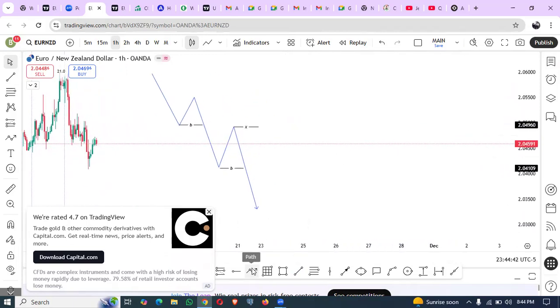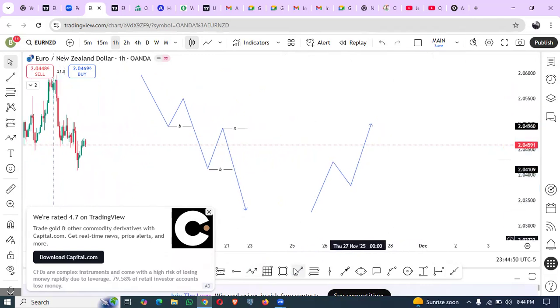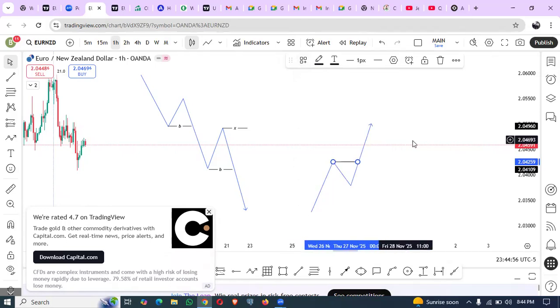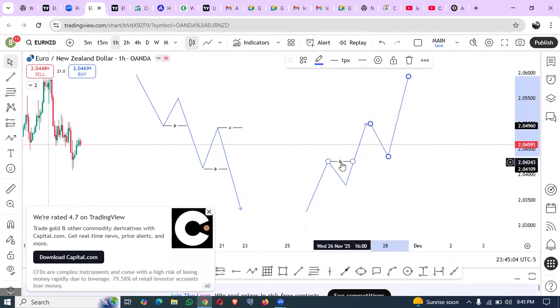Then for the bullish market, the same thing: impulsive push, little correction, impulse. Once you see your second impulse, that's your first breakup structure. Then when the market corrects again and gives you the impulsive push again, that's your second breakup structure.